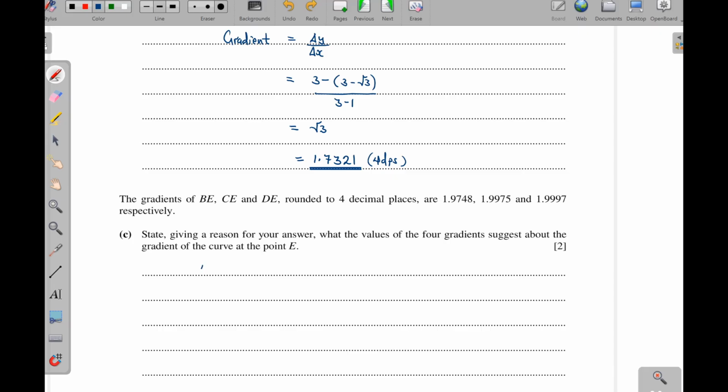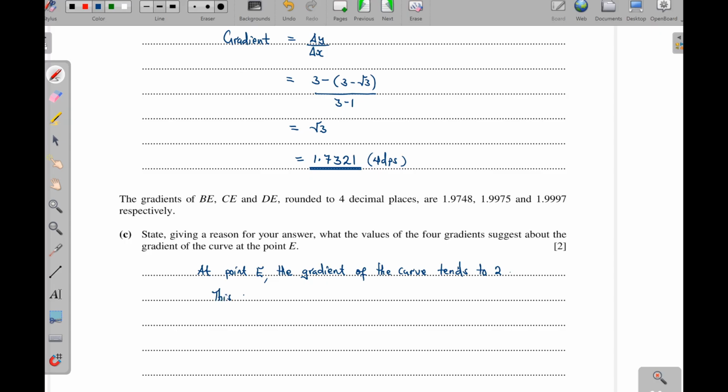So I will just say at point E, okay, the gradient of the curve tends to 2. Okay, and they are saying, giving a reason for your answer.